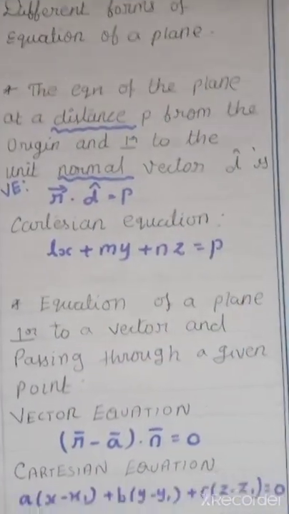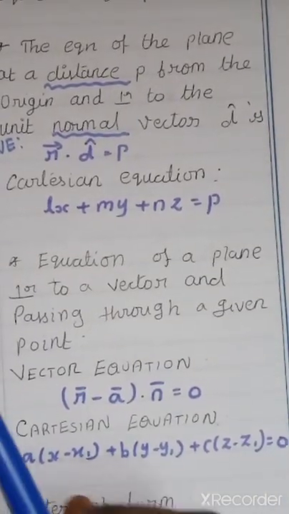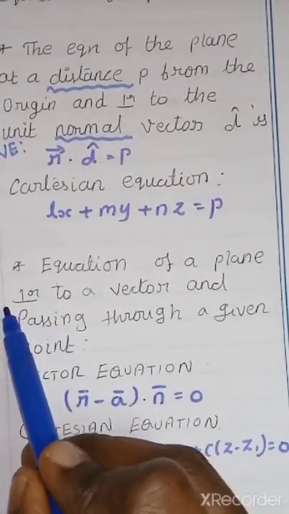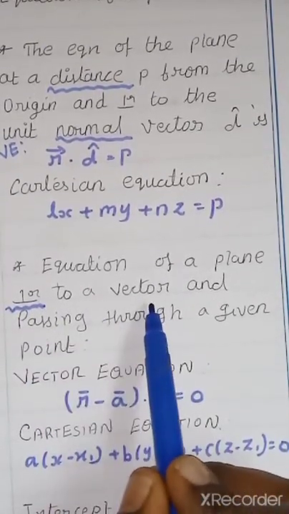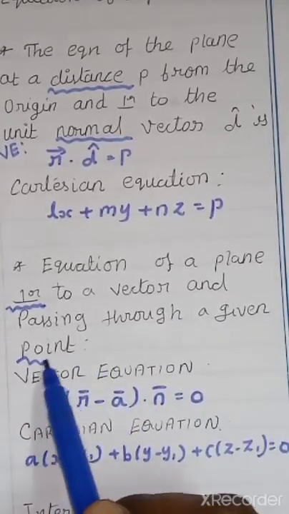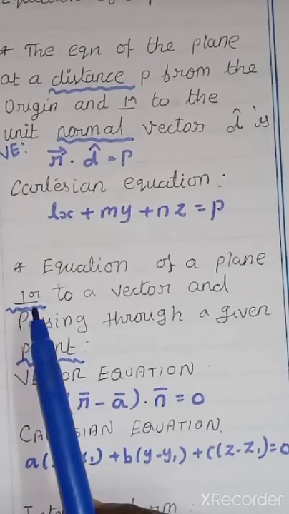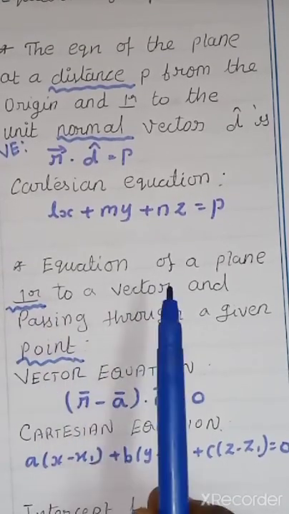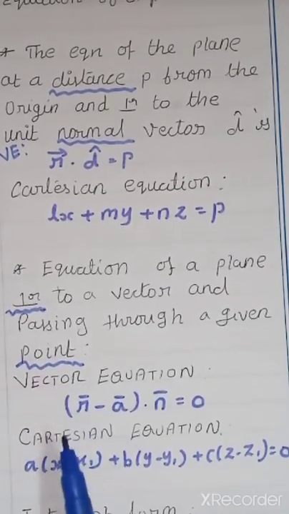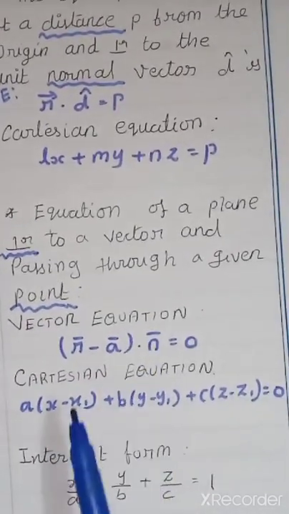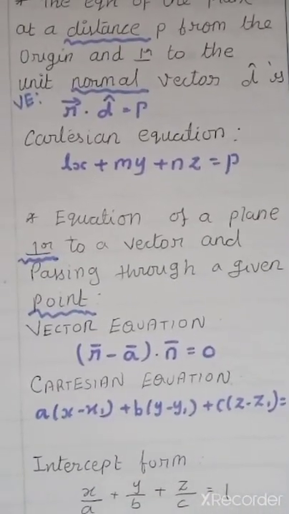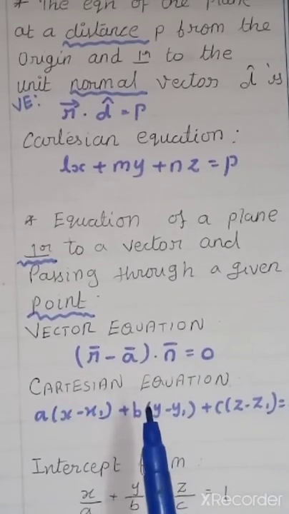What is your second form? Your second form is the equation of a plane perpendicular, this word is important, perpendicular to a vector and passing through a given point. If the equation of a plane perpendicular to a vector and passing through a point is given, then what is your vector equation? (r vector minus a vector) dot n vector equal to 0, right?